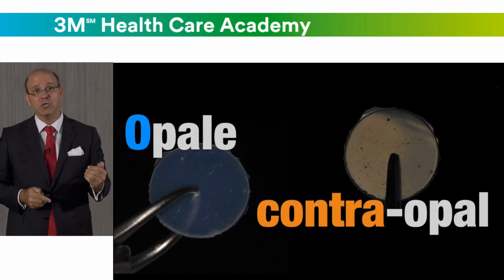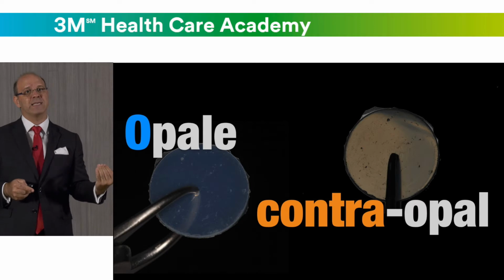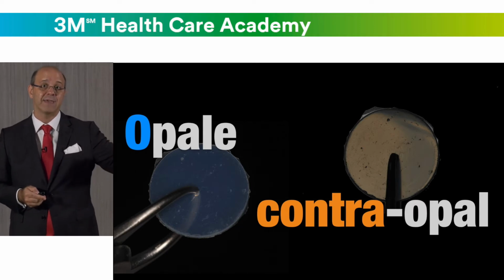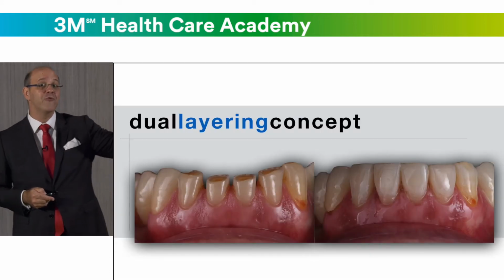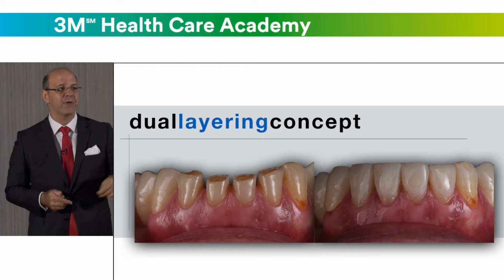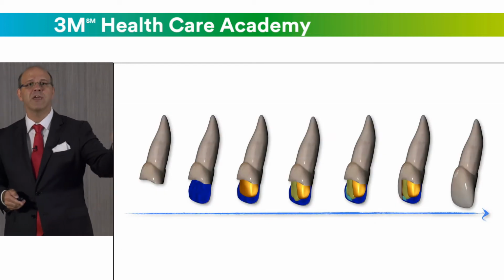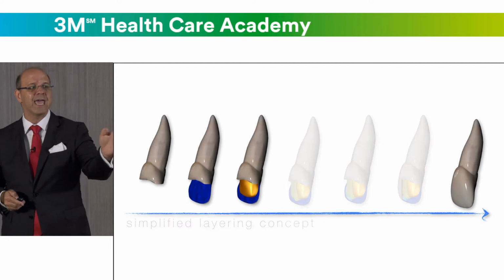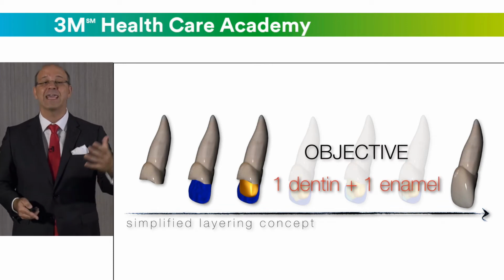And also because of the opalescence and counter-opalescence effect that we have with this kind of material, like we have in the natural enamel, with that we can replicate and mimic what we have in the natural tooth. So instead of a multi-layering technique, we can use only one dentin and one enamel to make our restoration, like in a recipe.